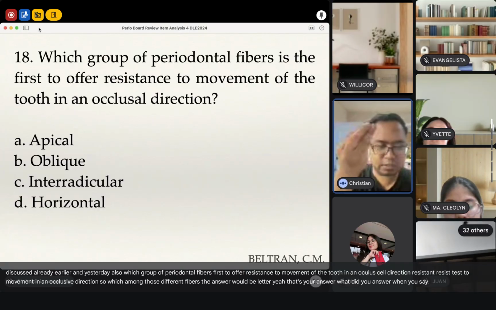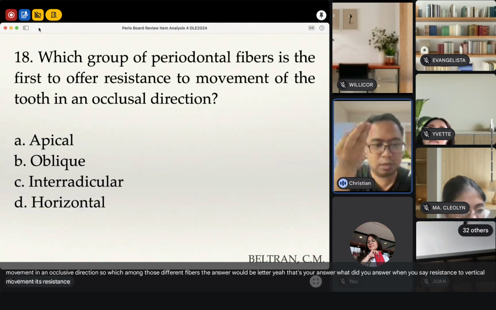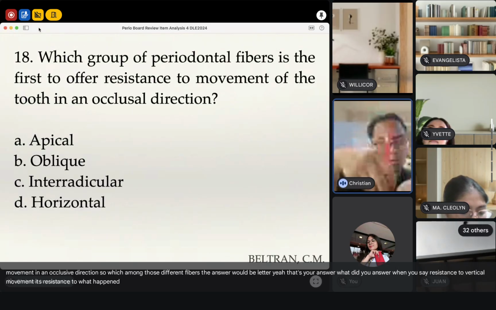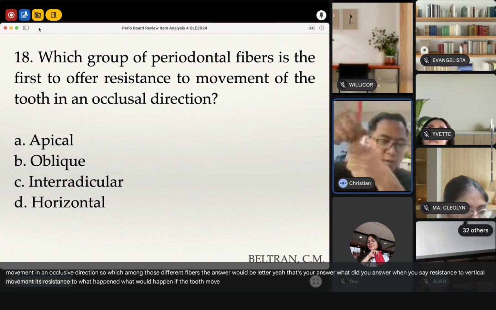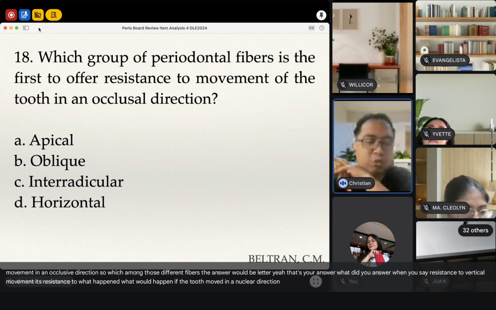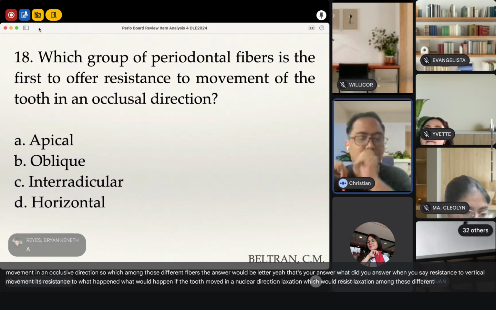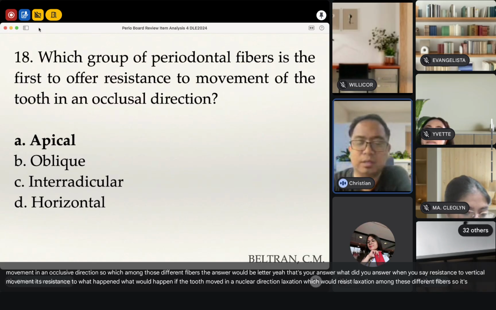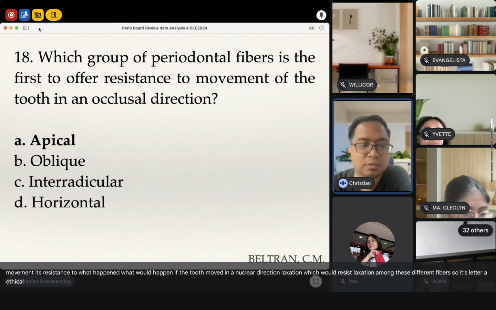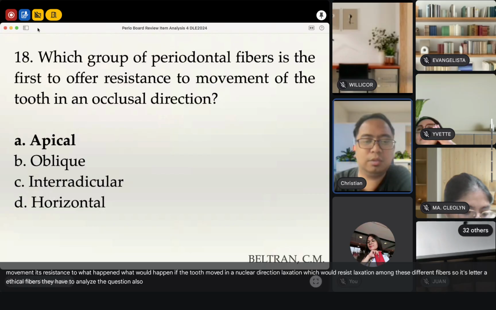When you say resistance to vertical movement, it's resistance to what? What would happen if the tooth was moved in an occlusal direction? Luxation. Which would resist luxation among these different fibers? So it's letter A, apical fibers. So you have to analyze the question also.